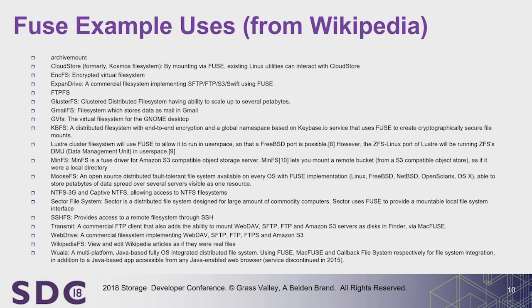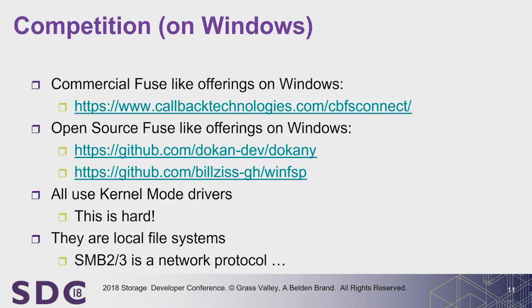And that's a really good idea, and Fuse is really good. But on Windows, it's really hard to get to something like Fuse. And there's some really good offerings, 2 open source, 1 commercial, that use the Fuse style model in the Windows ecosystem. But again, it's hard.